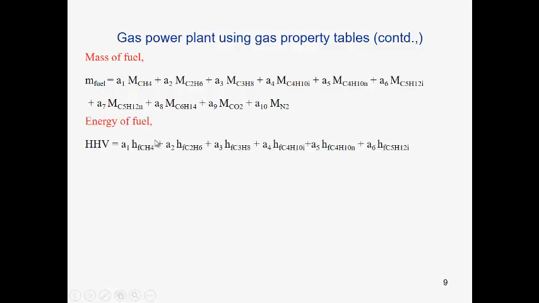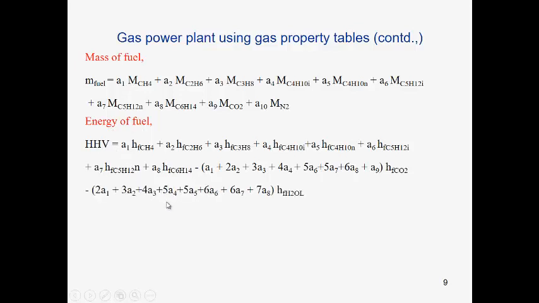Energy of the fuel can be obtained from the enthalpy of formation, available in the property tables. Energy of the fuel is the higher heating value. In the higher heating value, the enthalpy of formation of H2O is in the liquid form. In the lower heating value, the enthalpy of formation of H2O, that is water vapor, is considered in the gaseous or vapor form.